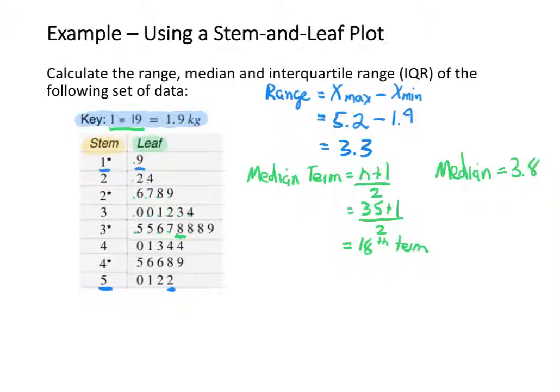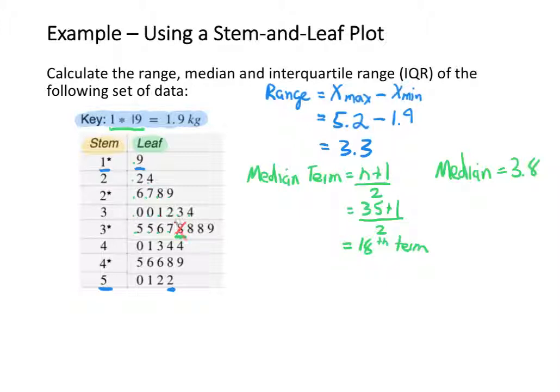Now that I've calculated the range and the median, I need to calculate the interquartile range. Because my data is again in ascending order, I can jump in and start my interquartile range calculation. The first step is to split the data into 2. Because I've already calculated my median, I know where the middle of my data is, and it's an actual number within the data set.